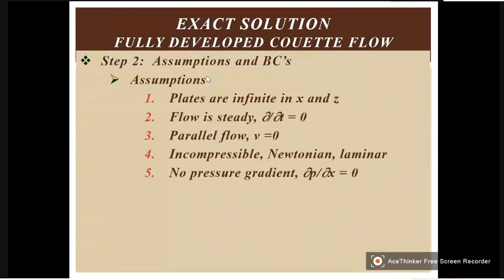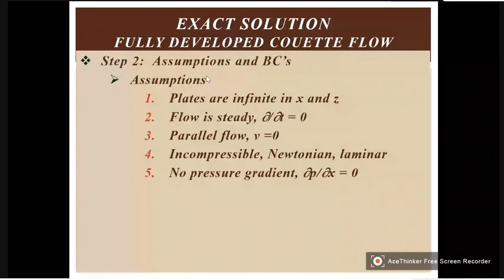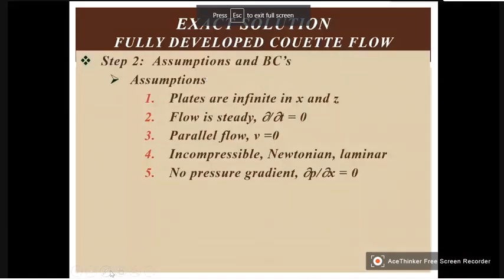And the fifth assumption is, of course, it is an assumption which is for Couette flow.